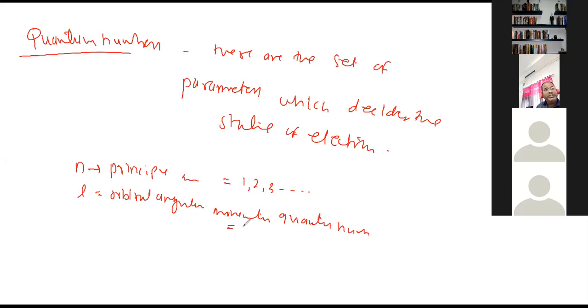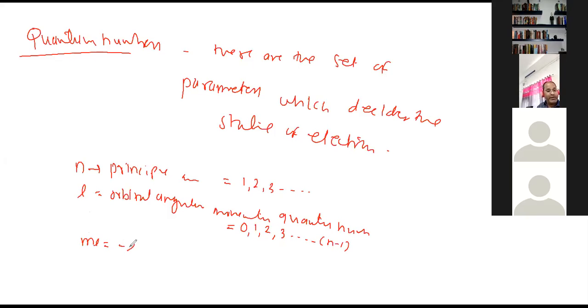So what are the values of it? 0, 1, 2, 3, and so on. What will be its last value? n minus 1. Is it right? And next is ml. ml is the magnetic orbital quantum number.